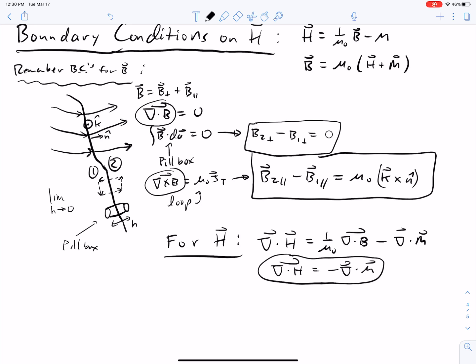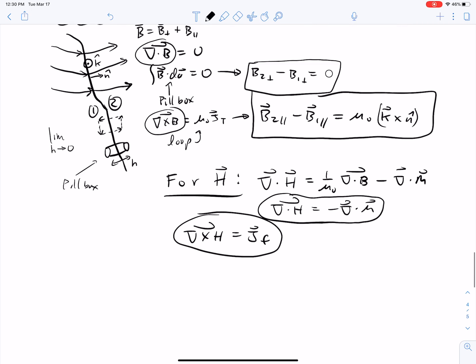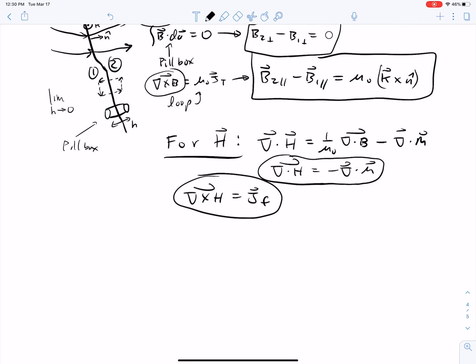But now the curl, del cross H, we know of course already, is just J free. That was the starting point. That's the definition of the H field, really.